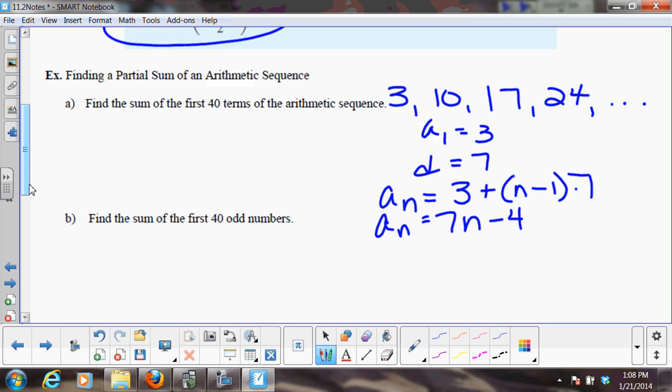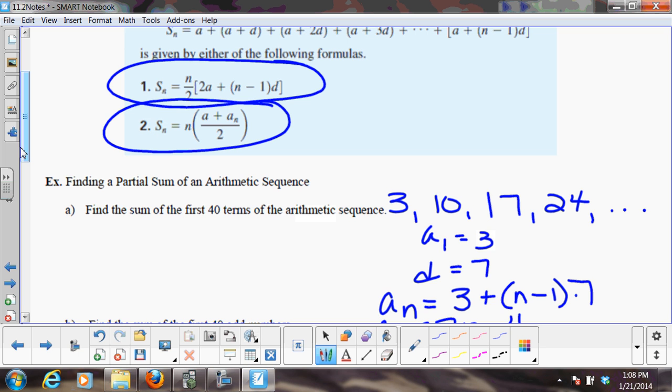Well, looking up at these two, why don't we just do the first one? First 40 terms. So 40 is the n. A is the first term, which is 3. 40 minus 1 times 7.